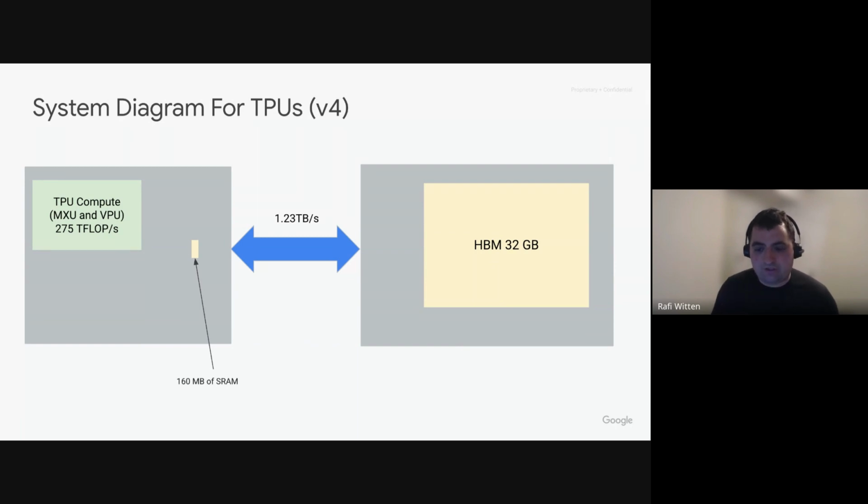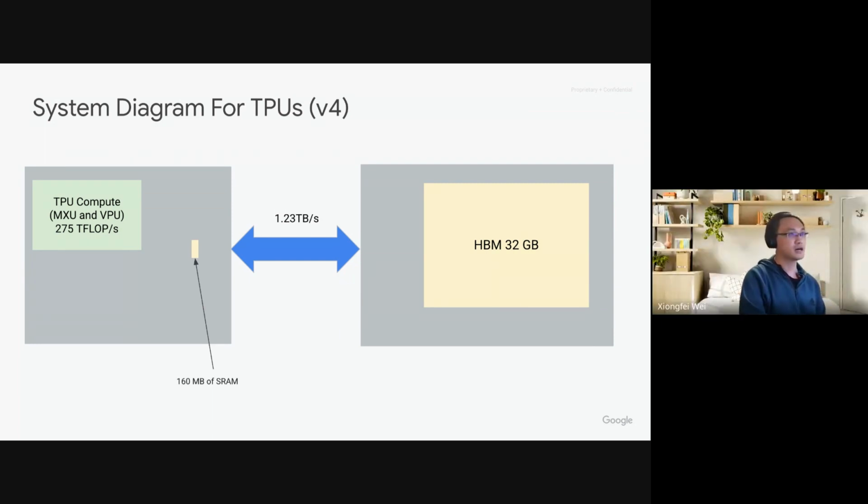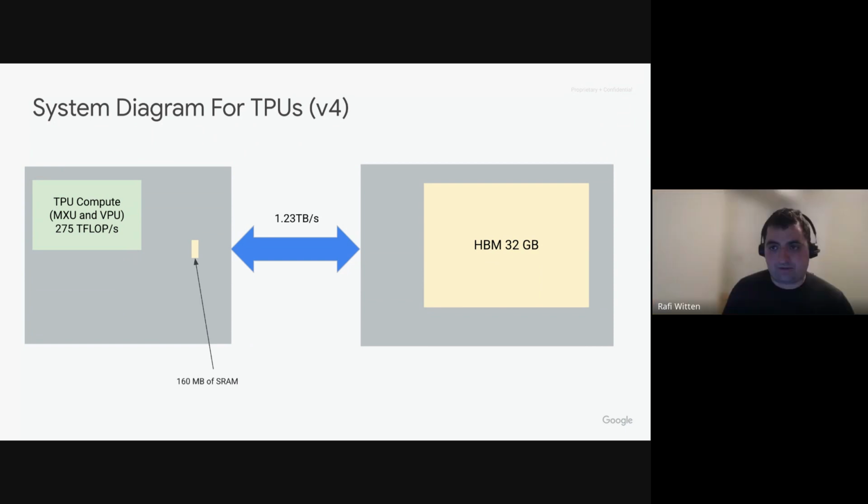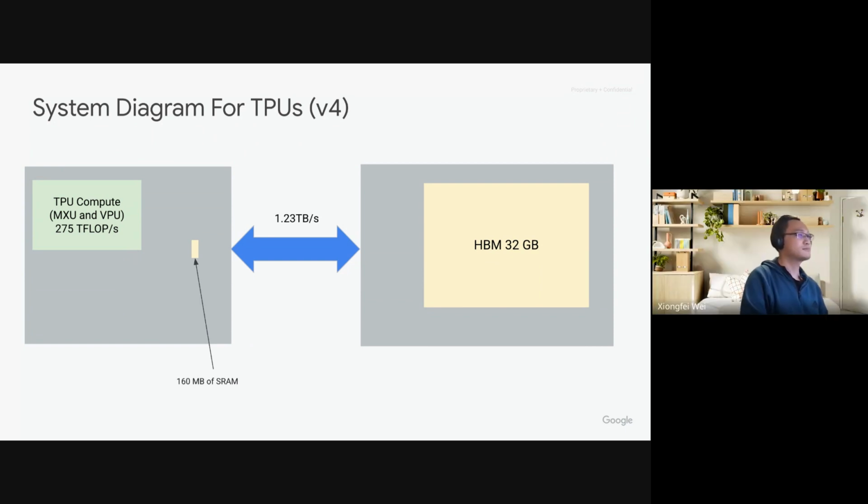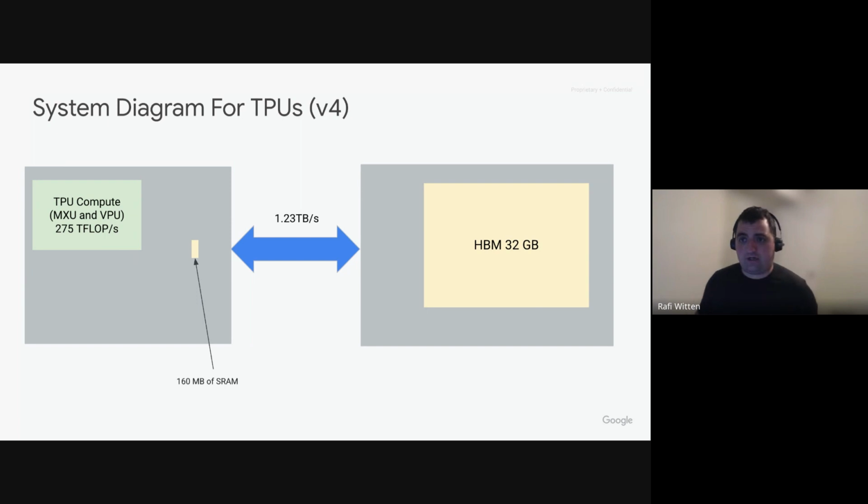Then we have this relatively small 1.23 terabytes per second connection. And then we have the so-called high bandwidth memory on the other chip. It's all just manufacturing. So the HBM is lower cost? Much lower cost than SRAM, yes. It's still much higher cost than the DRAM you have in a conventional machine, but much lower cost than SRAM. Cool, great question.